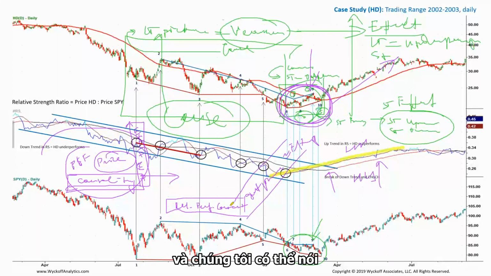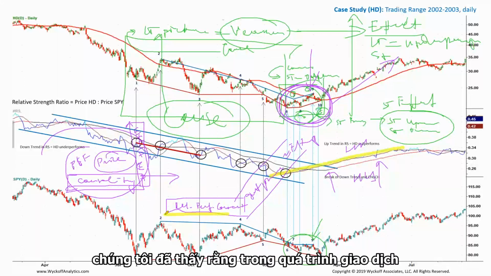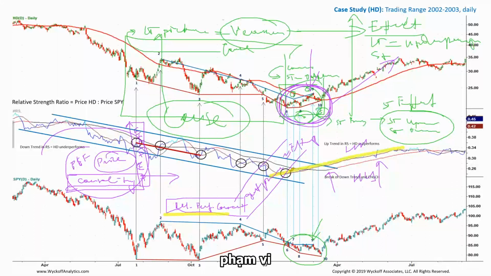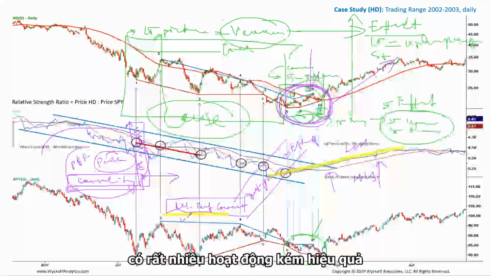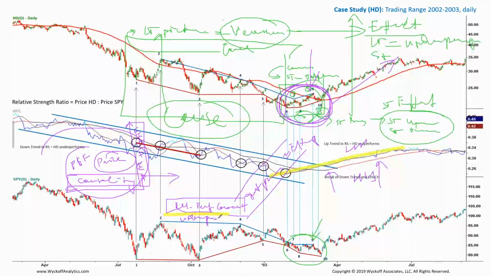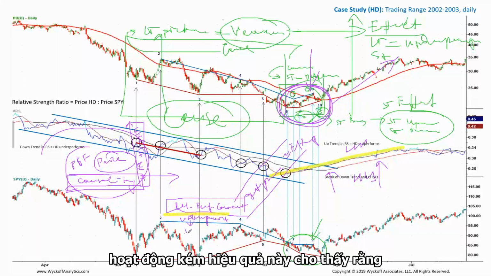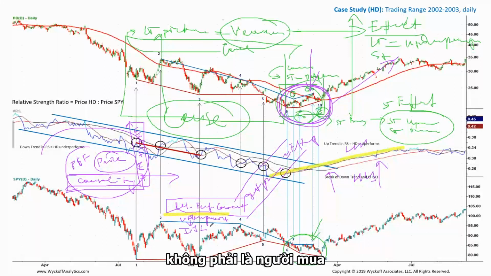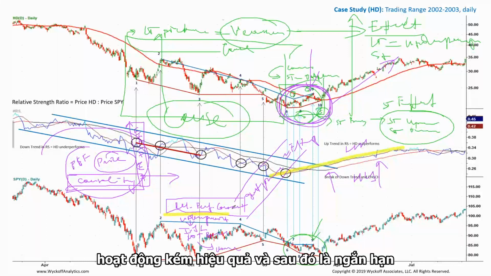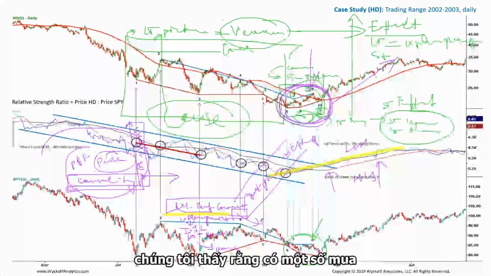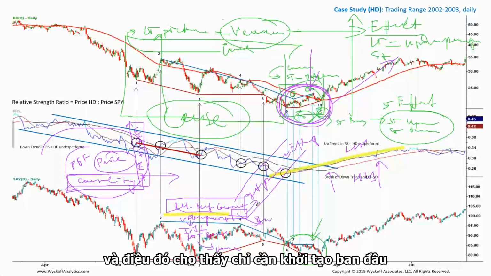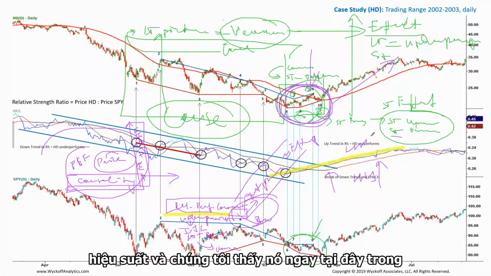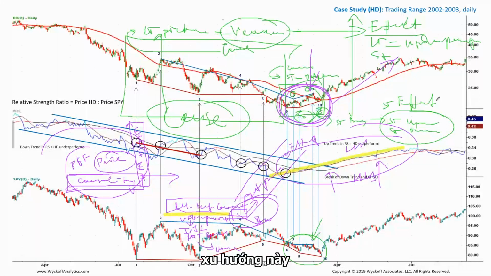We are seeing that during the trading range there was a lot of underperformance, and this underperformance suggests that institutions were not buyers. So therefore, long term, we're probably seeing underperformance. And then short term, we're seeing that there was some buying, and that suggests just initial outperformance. And we see it right here in this trend.